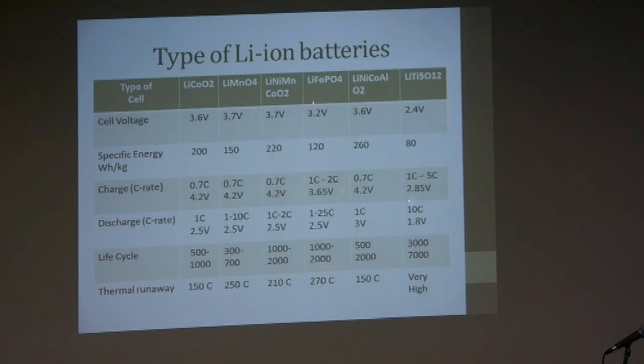The life cycle, now that's important too, because look at this one, 500 to 1,000, and lithium iron phosphate is more than double that. It's not that you always want a battery that lasts as long as possible. Because if you are a company like Apple, you don't want a battery in your phone that lasts 10 years.